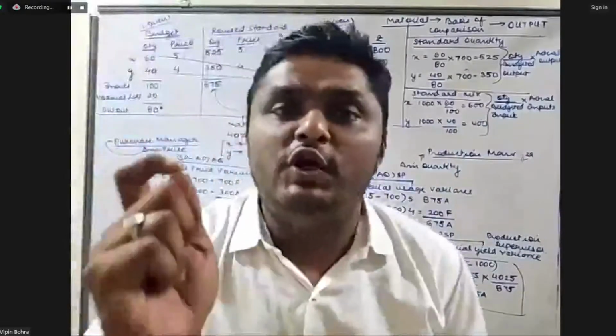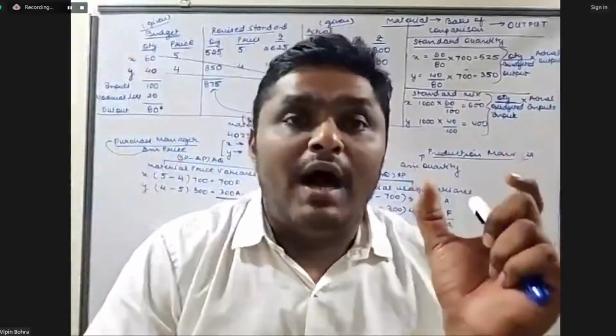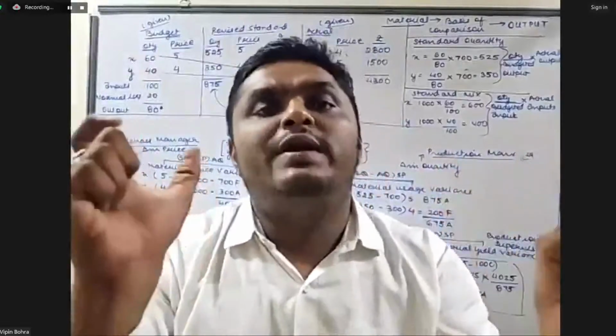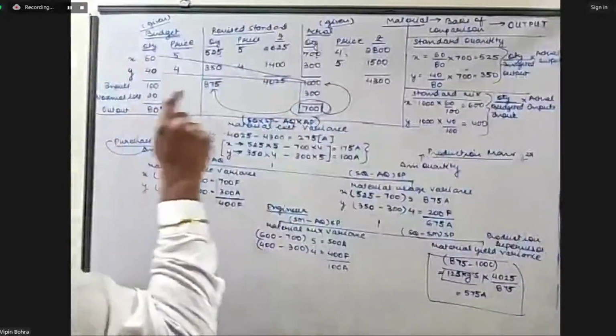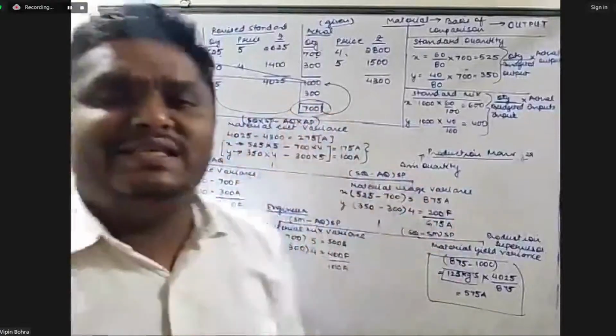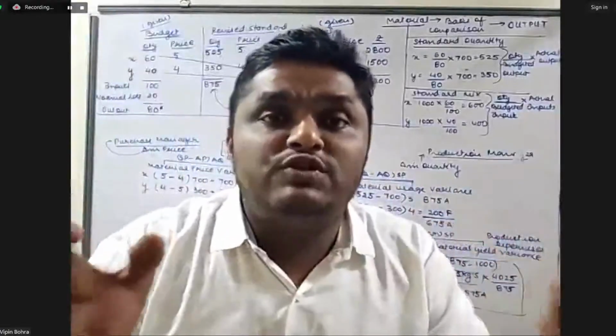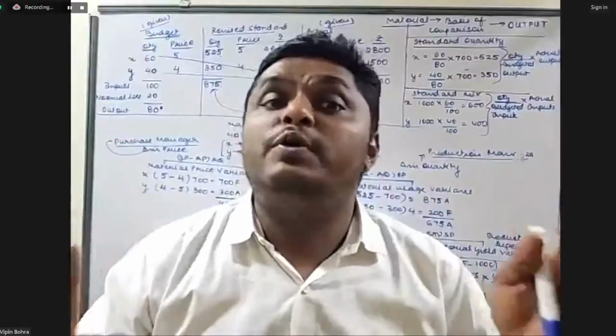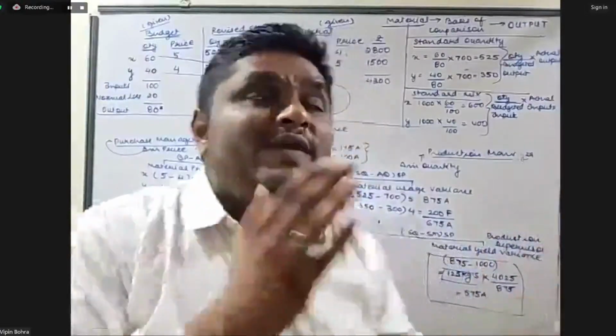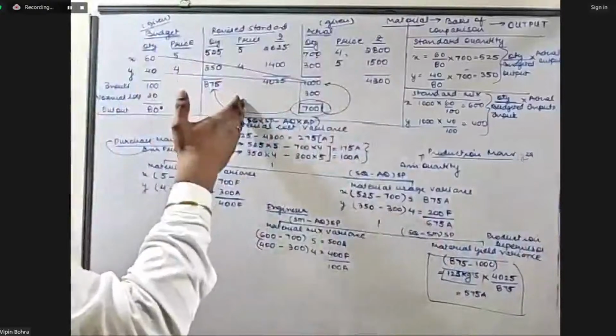The first thing you have to check is the output, whether the budgeted output and actual output are the same or not. Herein my budgeted output is 80 and actual output is 700. So they are not the same, and we have to revise the budgeted output.